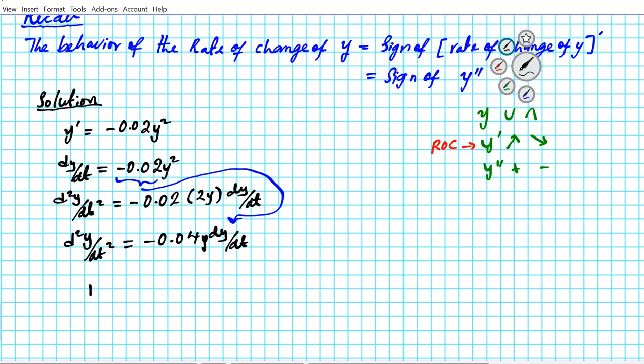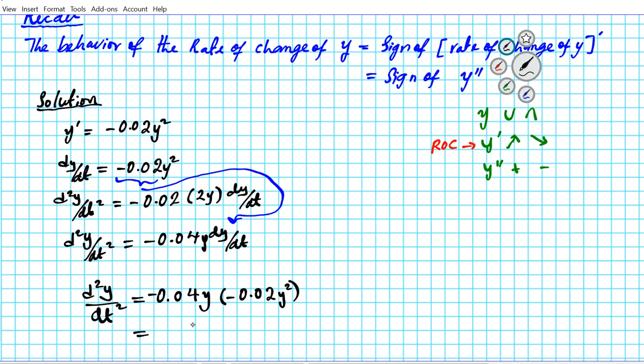So the second derivative, or the derivative of the rate of change, d squared y dt squared, is equal to 0.04y, don't forget the negative, times negative 0.02y squared.